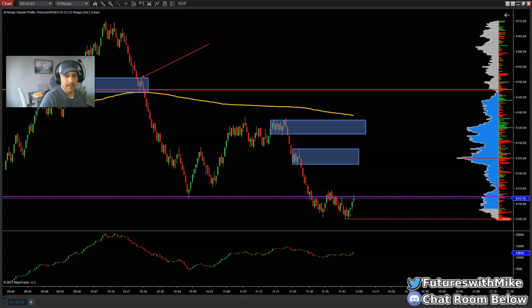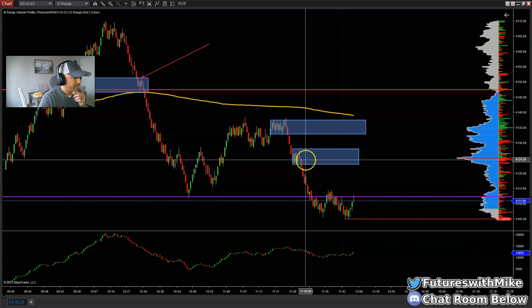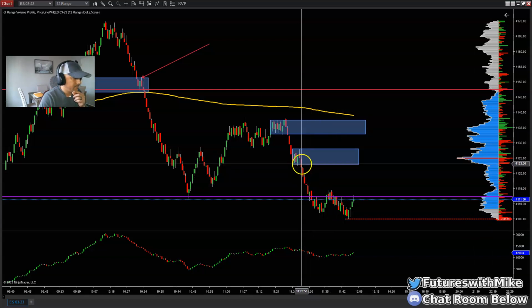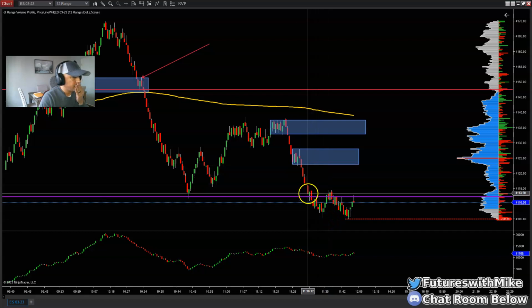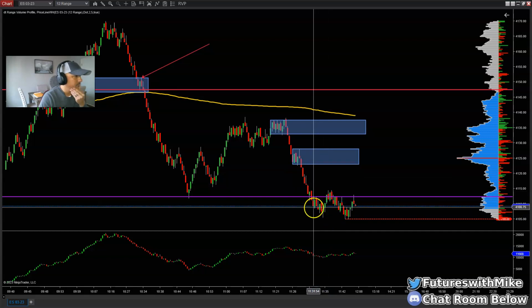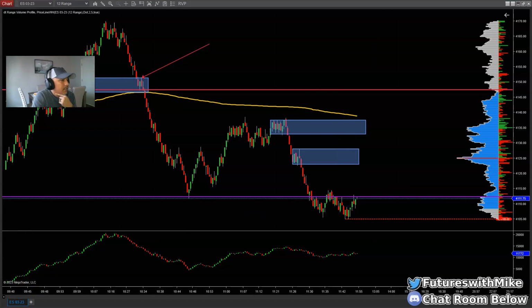I'd like to see price break this area and basically give me a pullback, but it may just continue shooting to the upside and test this area right here. So we'll see.